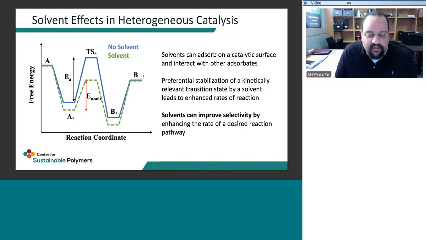Now, some solvents then, not only do they enhance the rate of the desired dehydration pathway, but they also destabilize the undesired reaction pathways. And so what that does is it improves the selectivity to your desired pathway through kinetics. So solvents can play quite a big role in terms of how to affect your catalyst site.